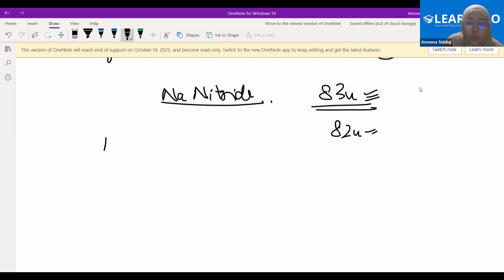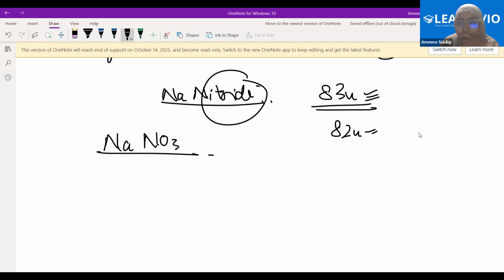See, what is the formula that we are getting? Our main purpose is that if we are able to get the correct formula, it is very easy to calculate the molecular mass or the formula unit mass. And please, these are all formula unit mass. We are taking the NaNO3, ma'am. NaNO3. Okay. So is this formula correct? Ma'am, nitrate, right? Nitrate or nitrite? Yeah, ma'am. Nitride. I've written it here.